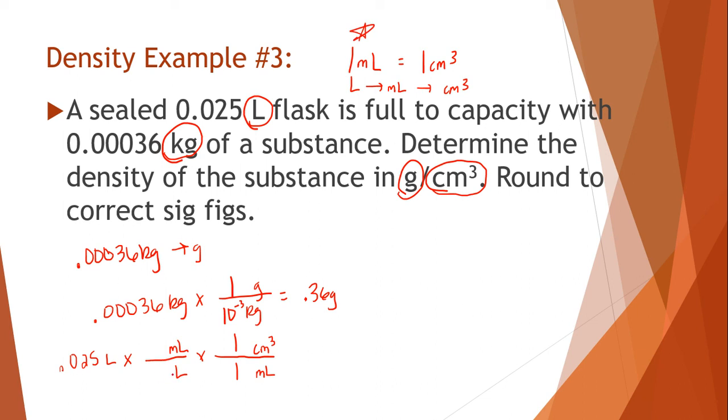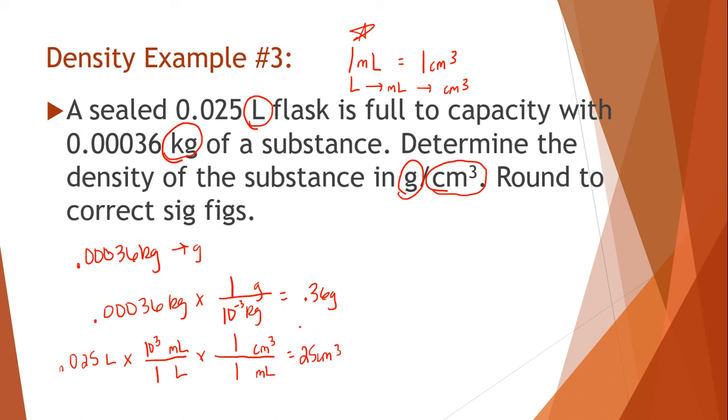But for our milliliters and liters, this is what we learned and we reviewed a couple slides back. Liters is a base unit, so it's automatically a 1. Milli is usually a 10 to the negative third, but remember we flip that unit so it's 10 to the positive 3. When you plug this into your calculator, you guys should get 25 centimeters cubed.